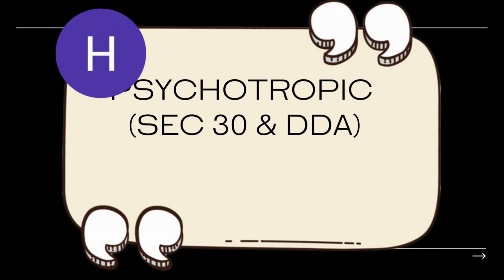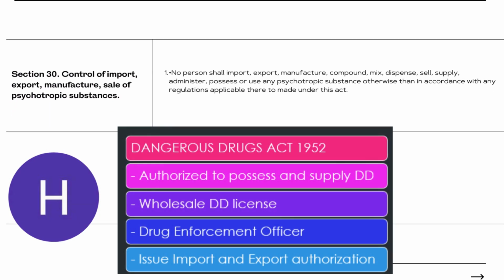Okay, students, so this is the fifth learning objective, the psychotropic. There is only one section that is important for us to focus on, which is section 30. Section 30, related to psychotropic substances, mentions the control of the import, export, manufacturing, and sale of psychotropic substances in the Third Schedule.